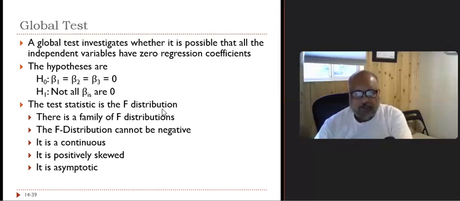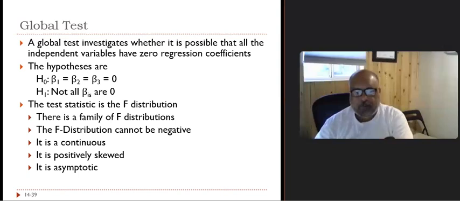In this case, we have to use the F distribution with the F statistic. We know from the F distribution rules that it cannot be negative. It is continuous, positively skewed, and asymptotic.